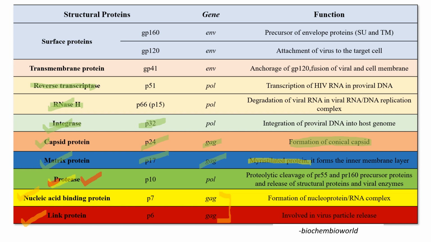The protein-RNA complex is formed by P7, that is the nucleic acid binding protein, which is synthesized by the GAG gene. Next is the link protein, P6, synthesized by the same gene, GAG, and it is responsible for the release of the virus particle from the cell via lysis.